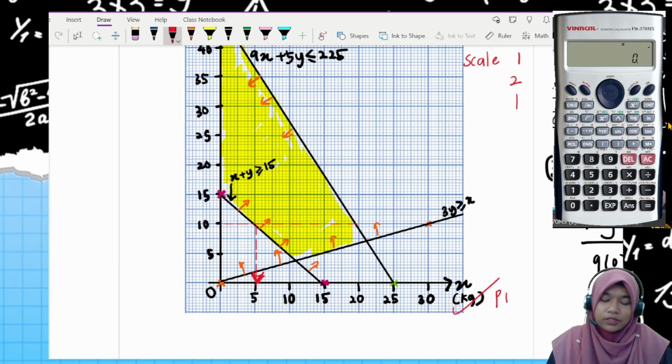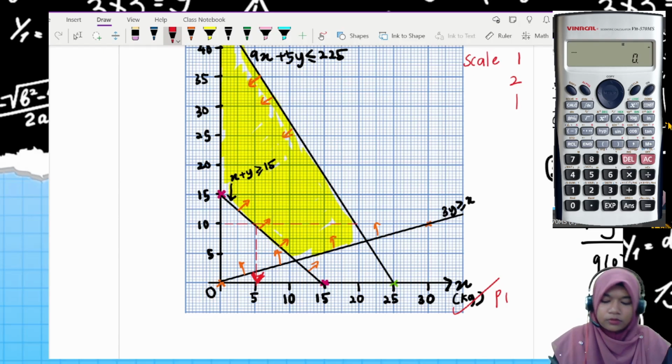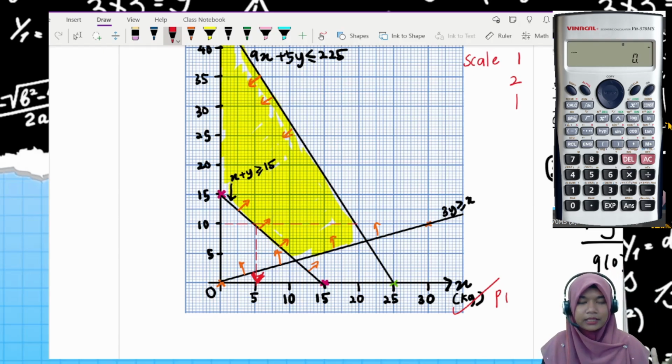Now, based on the graph, the mango just now, x is equal to 5. So 9 times 5 plus 5 times 10. He buys 10 kg of durian and 5 kg of mango.